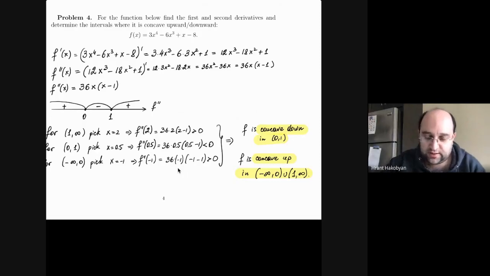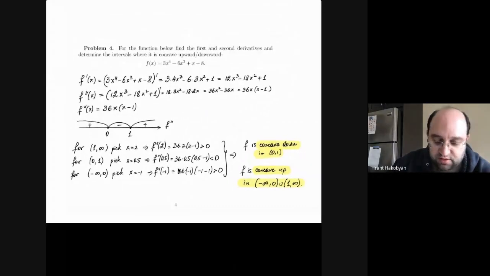So that means in the interval negative infinity to 0 and 1 to infinity. Okay, so that was what we wanted to find: concave down in 0, 1, and concave up in negative infinity to 0 and 1 to infinity. Okay, are there any questions?